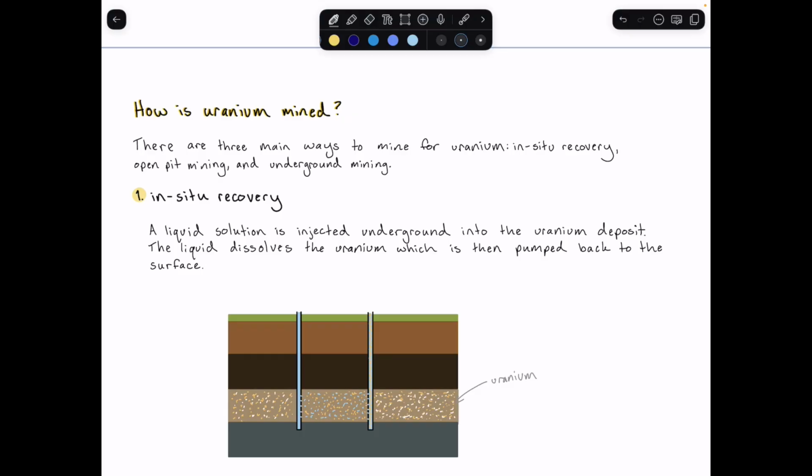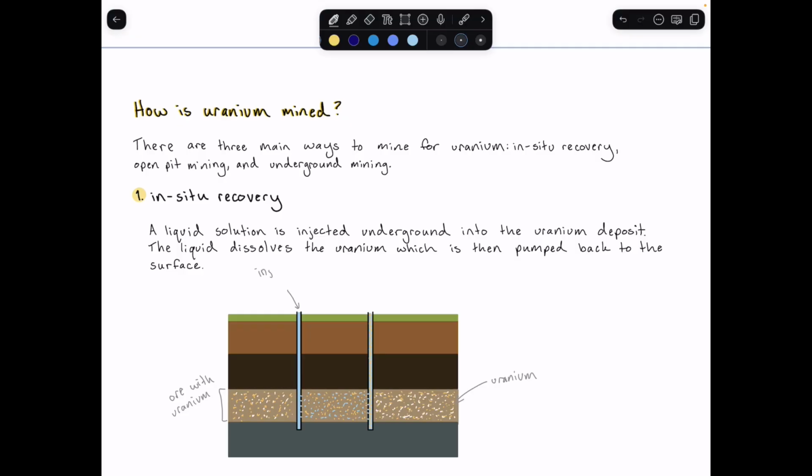And this in general here is ore with uranium in it. And so in these wells, there is an injection well and a recovery well.